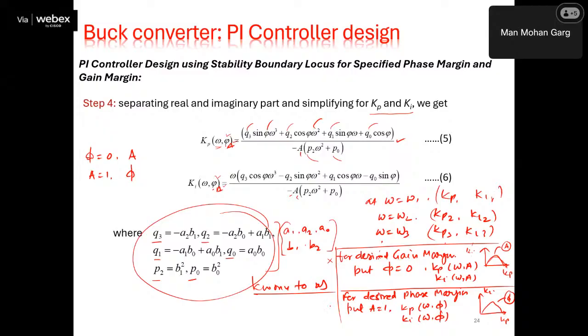So what is this stability boundary locus which we are discussing? By varying omega, we obtain two boundary loci in the Kp-Ki plane.